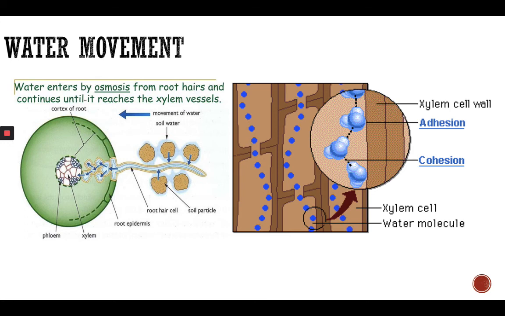Cohesion means that water molecules stick to each other, and adhesion is when water molecules stick to certain substances. That's why they are easily moved up to tall trees through certain vessels.